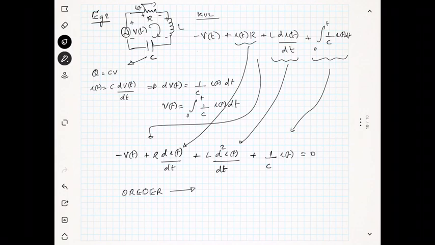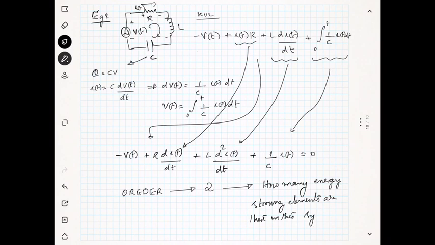Now you can see that the order of this ordinary differential equation is 2, and it is directly giving you how many energy storing elements are there in this system. But you should be very careful. Suppose there are two inductors in parallel, then you have to take the combination of that, so it will be giving only one energy storing element.